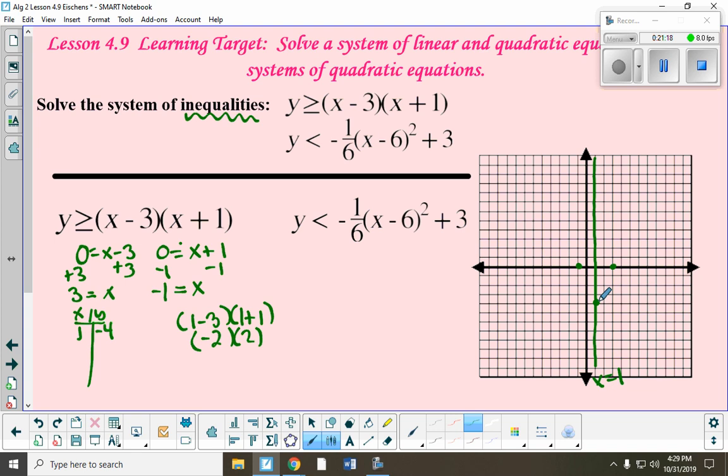Now we just need another set of points, so let's substitute in 0 into the original. We're always going back into the original, so 0 minus 3, 0 plus 1. So that would be -3 times 1, so this is -3. So 0, -3 is right here. All right, so now this, like I said, it's y is greater than or equal to, and so it's a solid line like this.